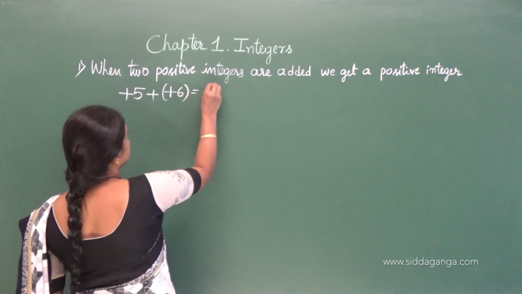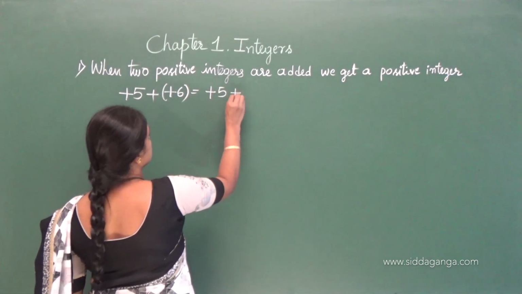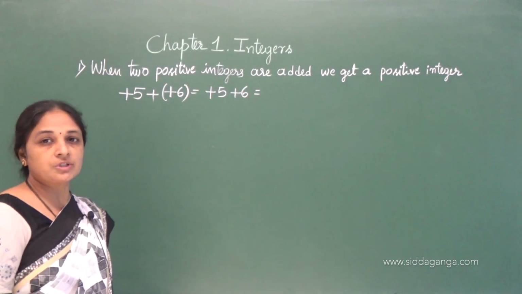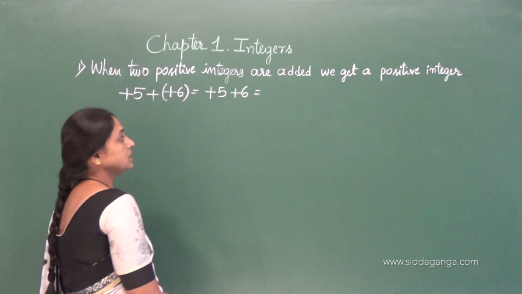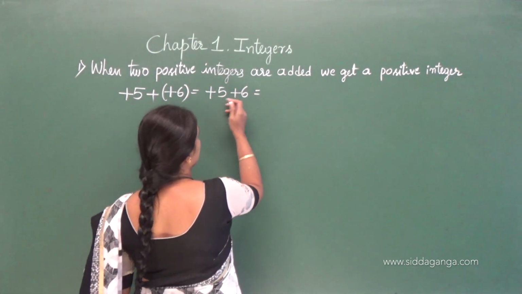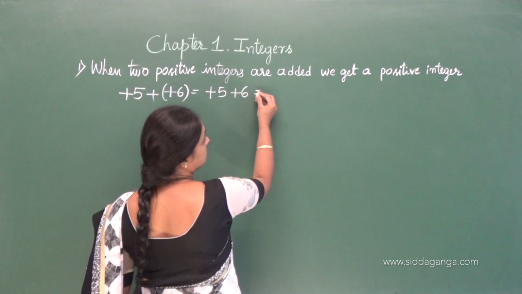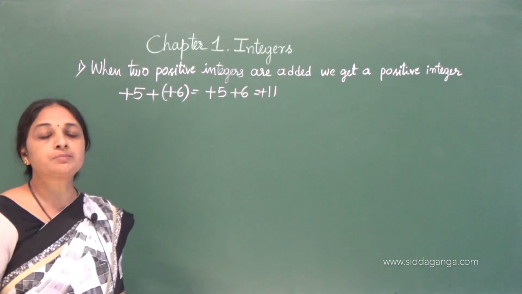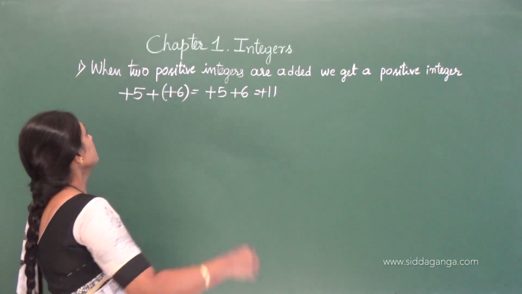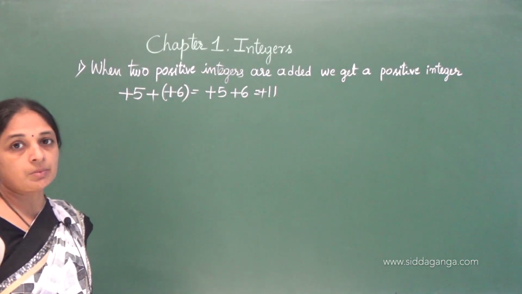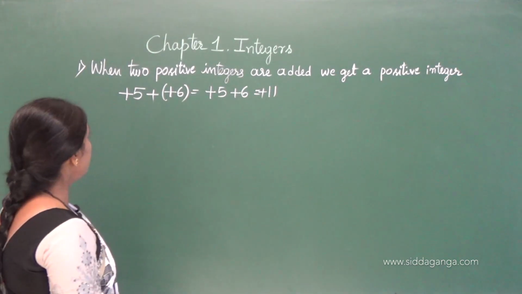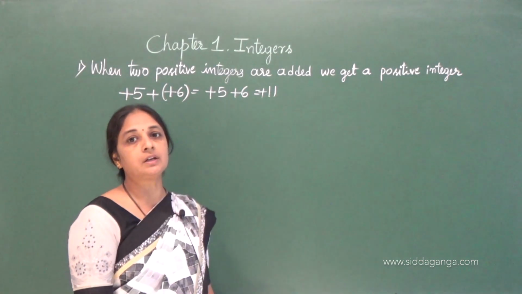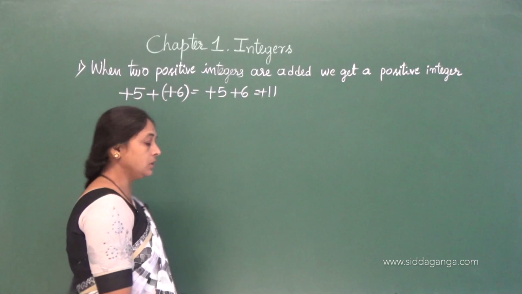Let us add these. Both have the positive sign plus, so we add the numbers. 5 plus 6 is 11, it's +11, and +11 is a positive integer. Then the given statement is correct. When two positive integers are added, we always get a positive integer only.